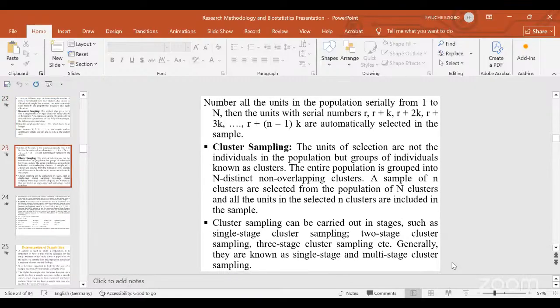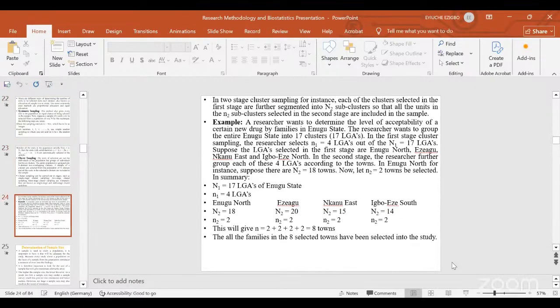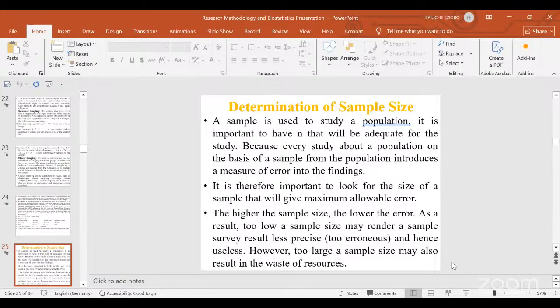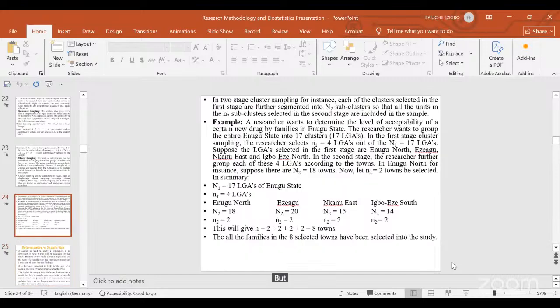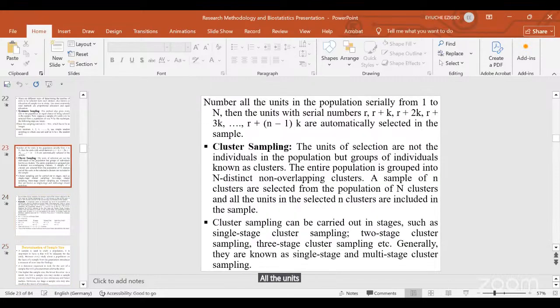In probability sampling, all the units have the chance of being selected, no matter the magnitude of the chance. Some may have higher chance, some lower chance, but the difference is that all the units have a chance of being selected. That is probability sampling.